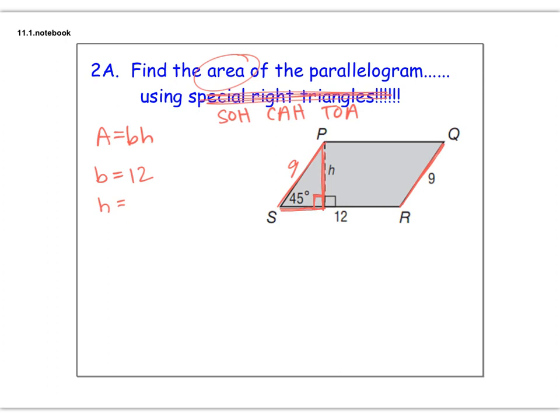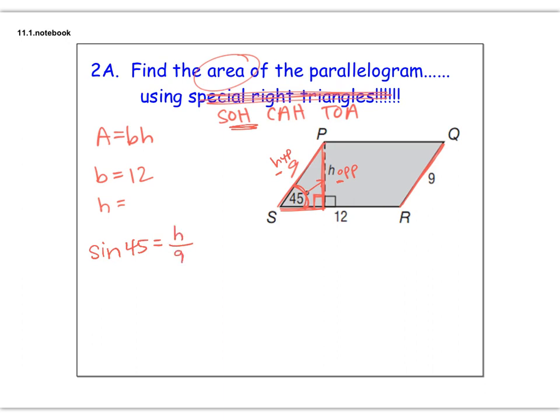And so we can think about SOHCAHTOA. Here's your angle that's not 90. 9 would be the hypotenuse. H would be opposite of our angle. If you think about opposite and hypotenuse, O and H, that goes with SO. S stands for sine. So we could go sine of 45 equals opposite over hypotenuse.